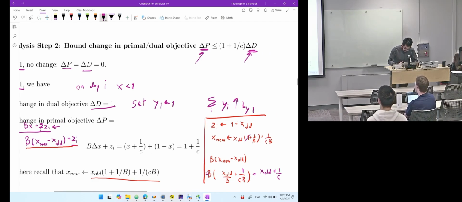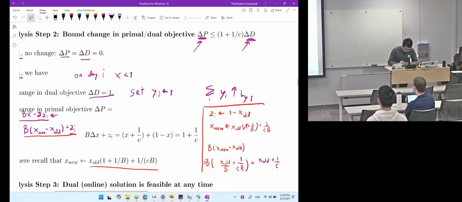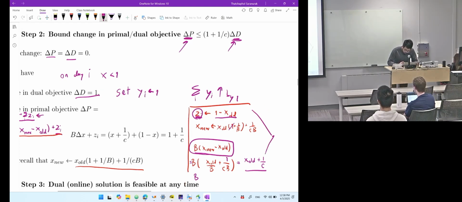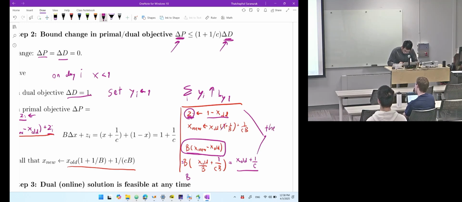So it means that the sum of these two is just this plus this. The sum is then 1 plus 1 over c.